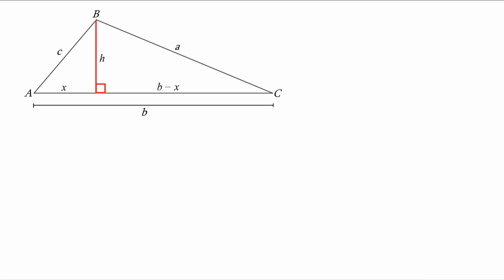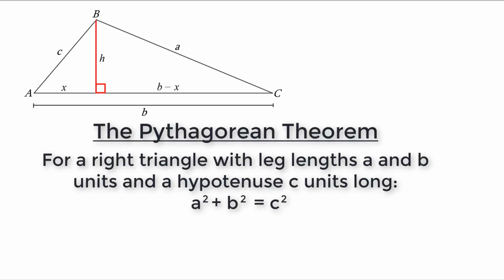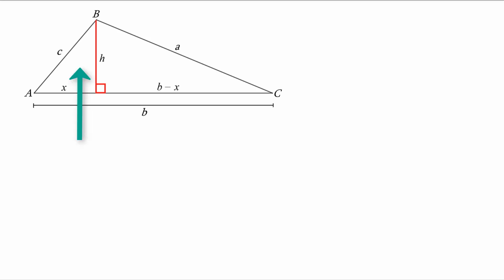Let's begin by writing a couple of statements we know to be true because of the Pythagorean theorem. The Pythagorean theorem states that the sum of the squares of the lengths of the two legs of a right triangle is always equal to the square of the length of the hypotenuse. For triangle ABD, with vertex D to help name it, the leg lengths are x and h, so x squared plus h squared has to equal c squared.